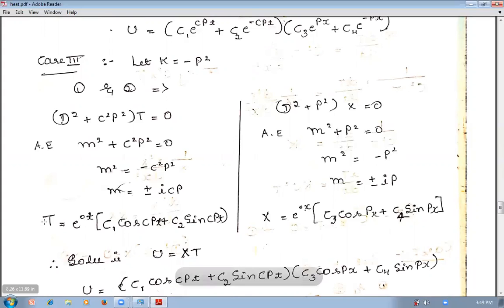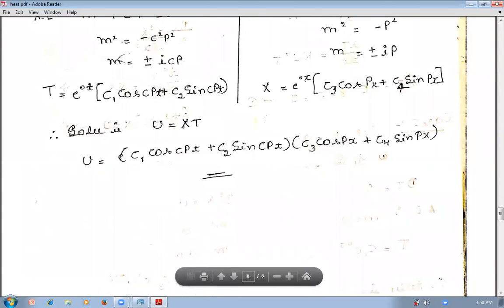Solution is T = e^(0t)(C1 cos cpt + C2 sin cpt). Here also we have two imaginary roots. Solution is e^(0x)(C3 cos px + C4 sin px).